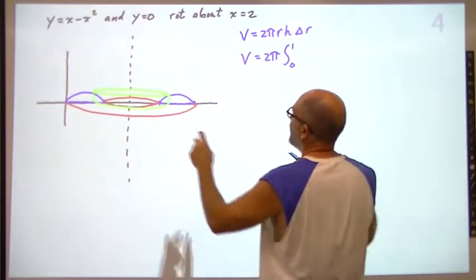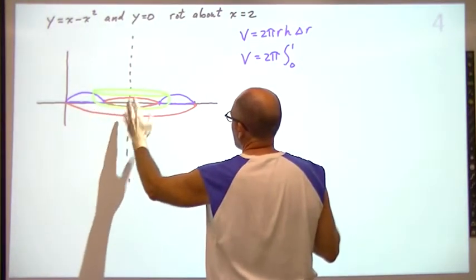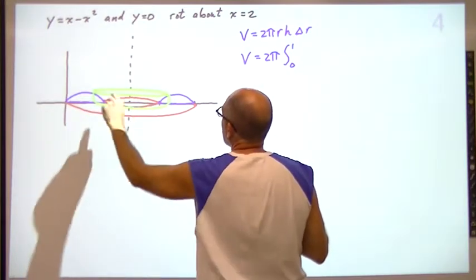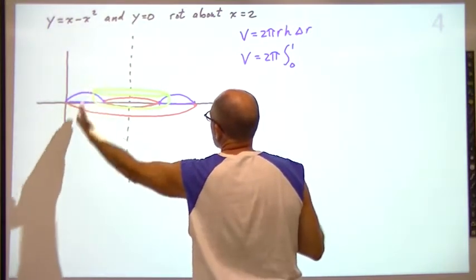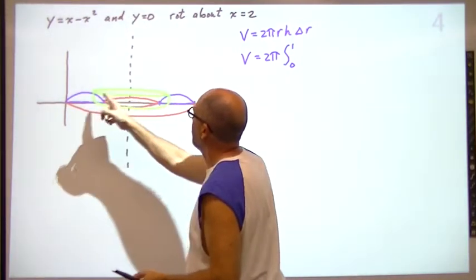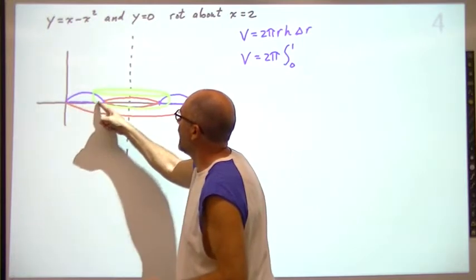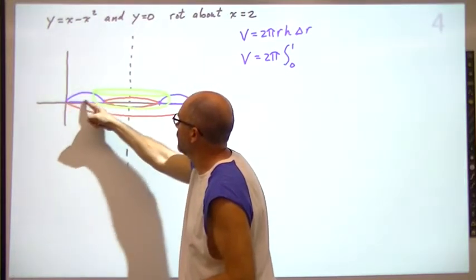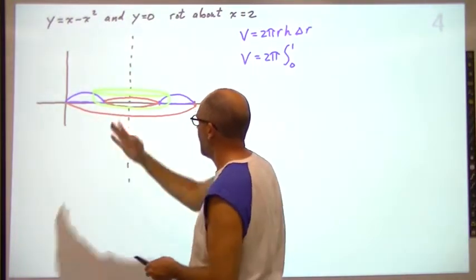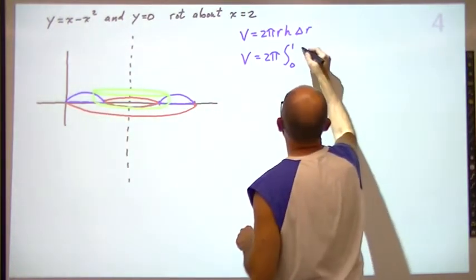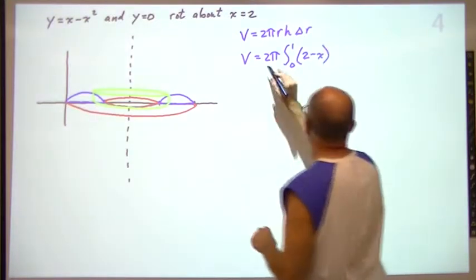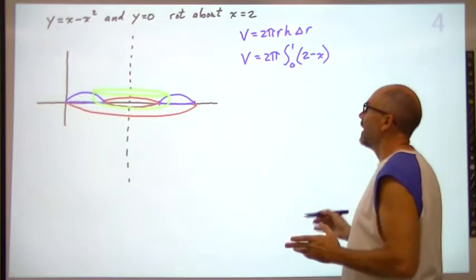Now, the radius of each one of these is going to be x equals 2 minus x equals some x value. So it's going to be 2 minus some random x value, because it's going to start from x equals 0, go to x equals 1. So this is 2 minus x. So 2 pi r. Now, what's my height?